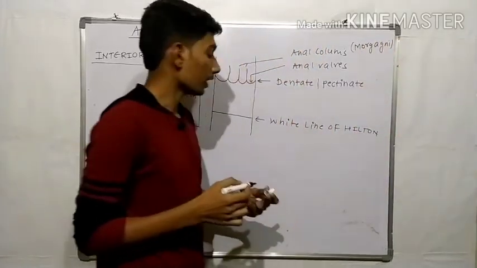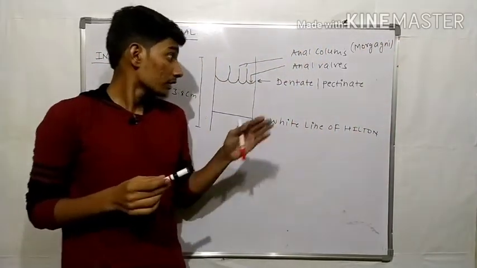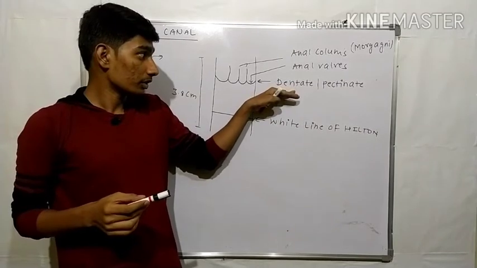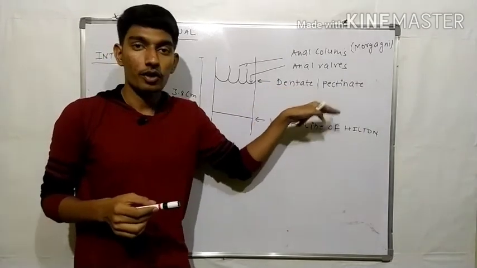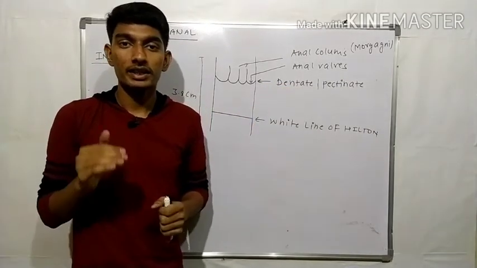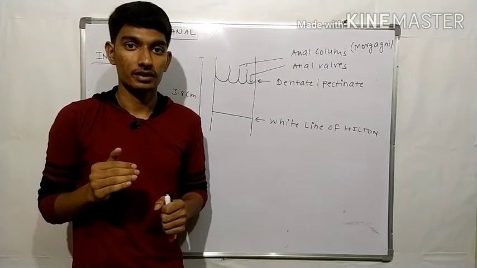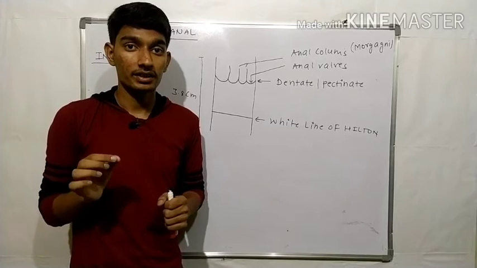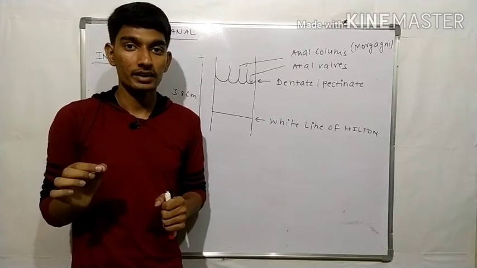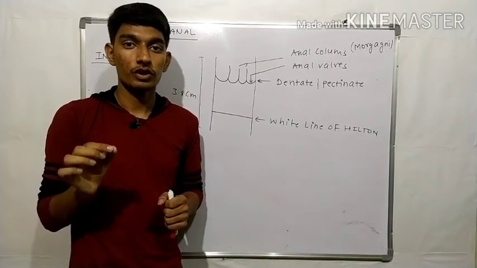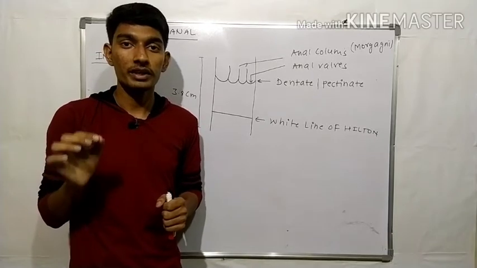Okay. Now, the part above this dentate line or pectinate line, it acts as a watershed line. This dentate line or pectinate line is known as watershed line. What do you mean by that?